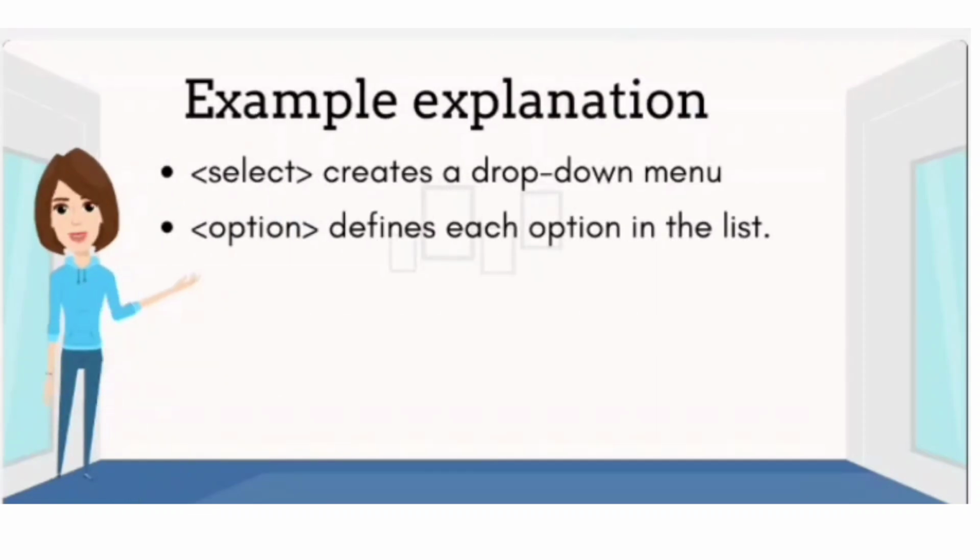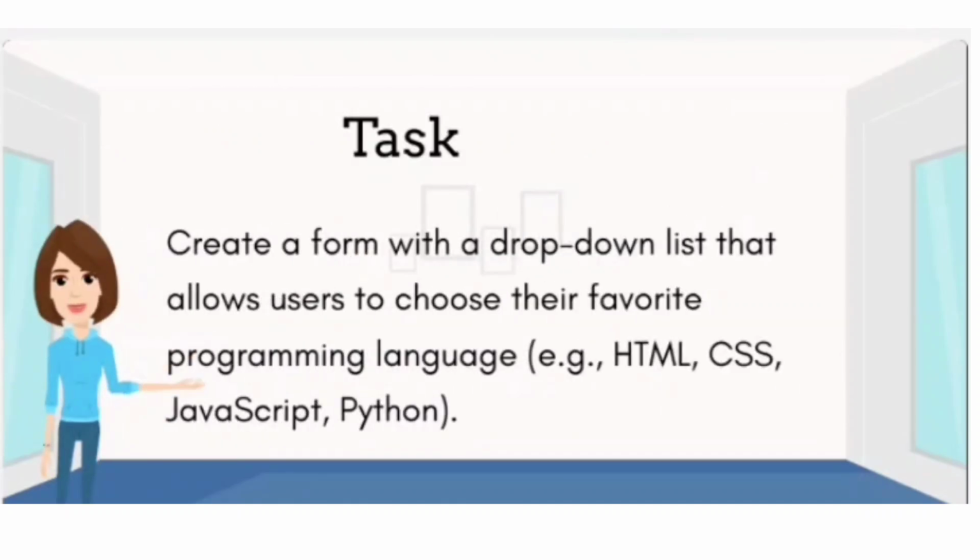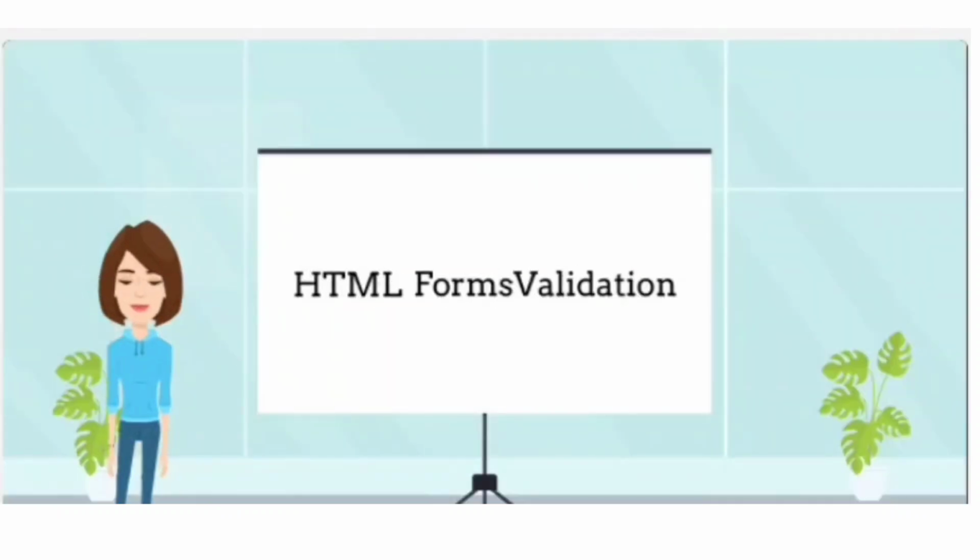Select creates a drop-down menu. Option defines each option in the list. Create a form with a drop-down list that allows users to choose their favorite programming language, for example, HTML, CSS, JavaScript, Python.